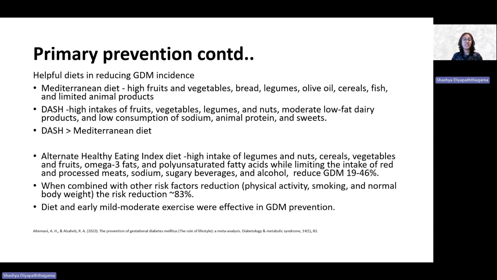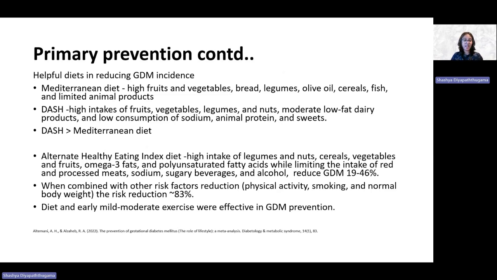According to this study, the DASH diet has been better than the Mediterranean diet, but if you see the components of each one, they are mostly similar. So a generally healthy type of diet with more fruits and vegetables and more unsaturated fats, and lower sodium, low sweets, and low saturated fats would be better in preventing gestational diabetes.